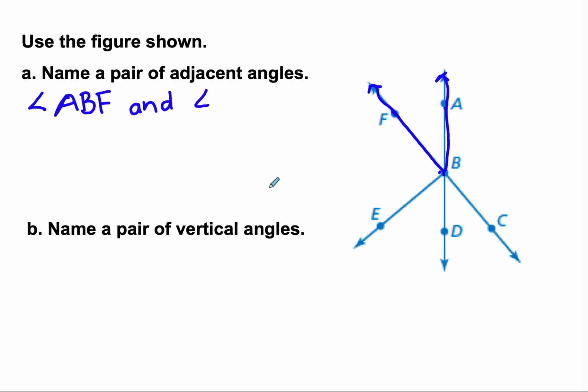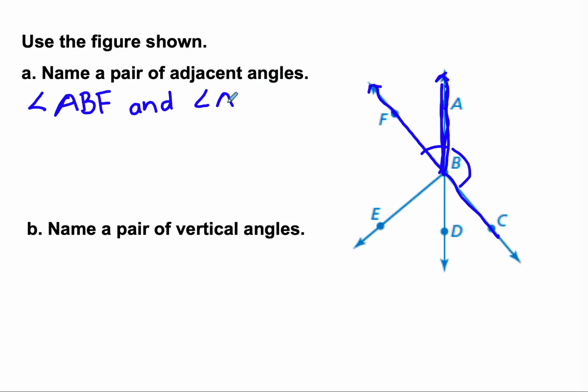It means it shares a common side. So let's see, if I do ABF, then another one that could be adjacent to it would be ABC. This is ABF. This is ABC. They have this side, AB, in common.